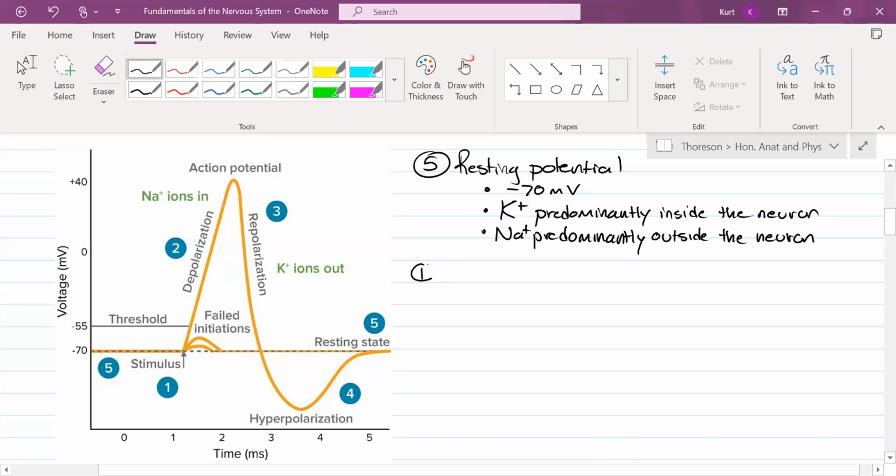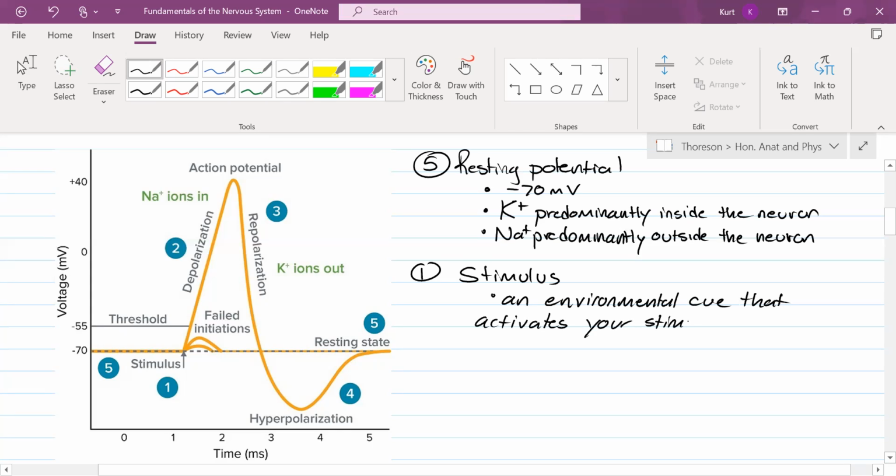Number one, stimulus. Your nervous system is activated by some environmental cue. Lily could be sleeping on the table, snoring away, and I could come right up to her ear and go squeak, and she freaks out.